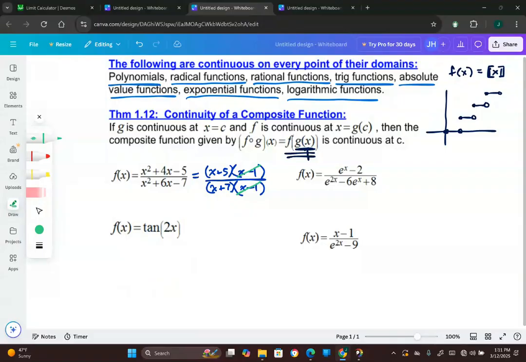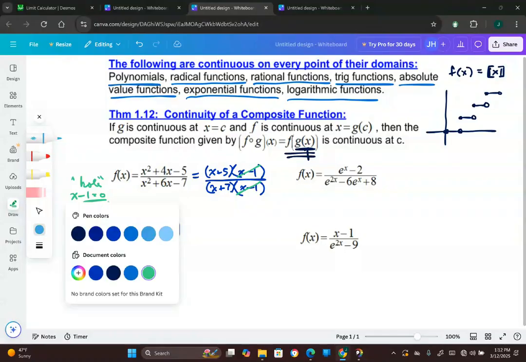In the original function, that x minus 1 was in there. So I have to set x minus 1 equal to 0, and I get x equals 1. That is a discontinuity. But since it was removed from the equation, it is a removable discontinuity. In fact, this gives me a hole. It's a removable discontinuity because it was removed from the equation.